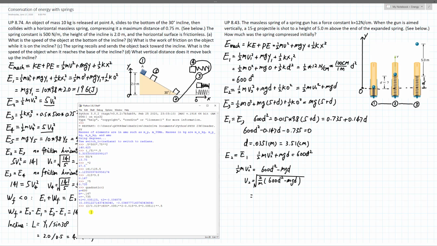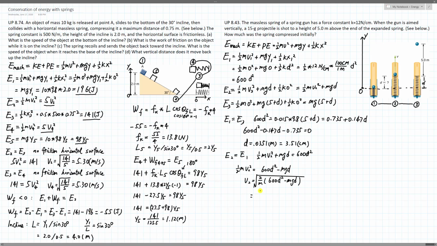So 600 times 0.0351 squared minus 0.015 times 9.8 times 0.0351. Okay, that looks good now. So we have a speed of 9.89 meters per second. So 9.89 meters per second. Thank you.